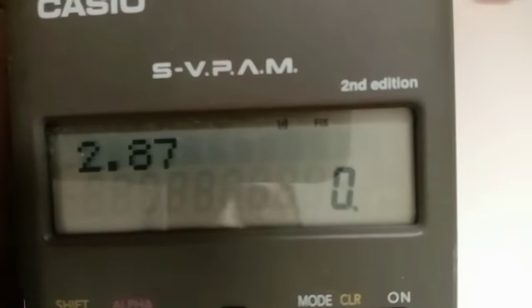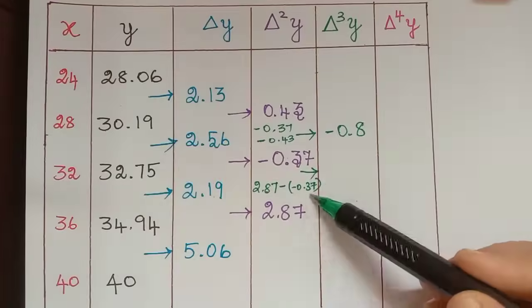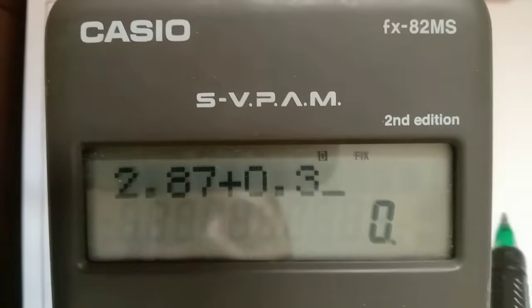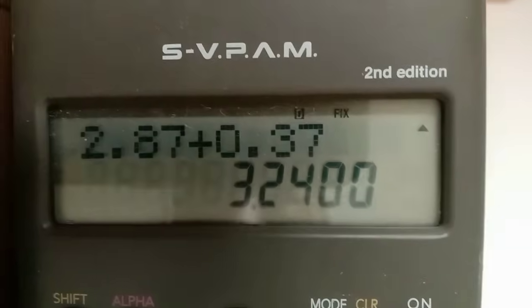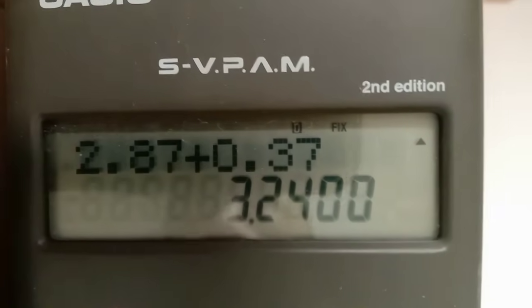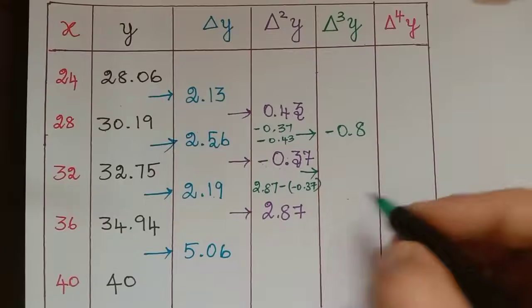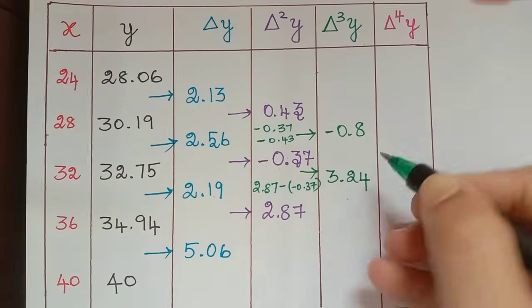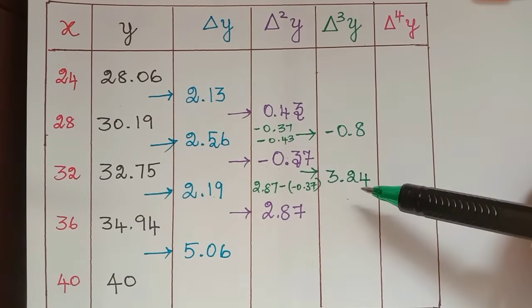Patiently you do, you will get the correct answer. So it is 3.24. So here you will be getting 3.24. So we have got the third difference also now.